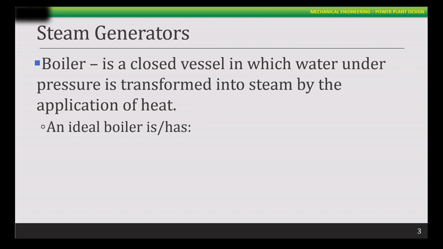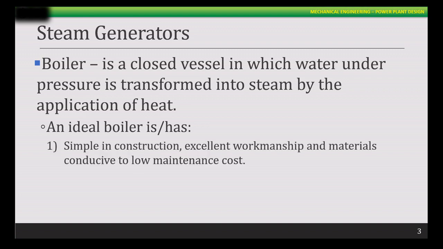So an ideal boiler has the following. The first is a simple construction, excellent workmanship, and materials conducive to low maintenance cost. So simple in construction, we want it to be simple because if it's complicated, it will be very difficult to operate, especially if it is a very big machine.